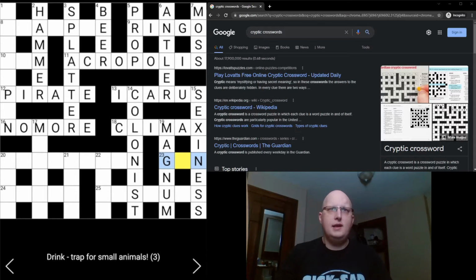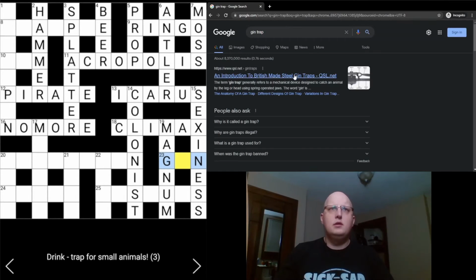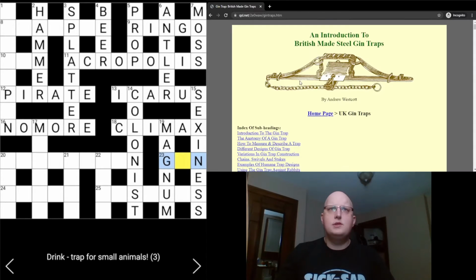Trap for small animals. Well, it's got to be gin, because that's a drink. Is a gin a trap for small animals? Let's Google that. Gin trap. Yeah. British-made steel gin traps. Who knew? It's one of those Britishisms you get on cryptic crosswords that are British.